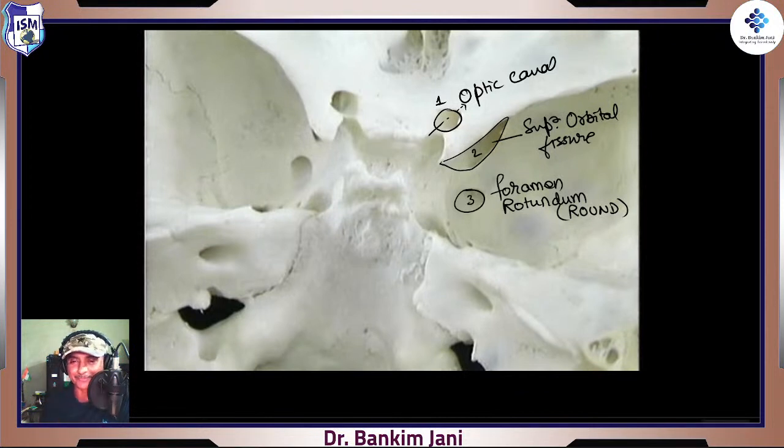Foramen rotundum. Now, foramen rotundum, it will be carrying what? Immediately, cranial nerve number 5 will come, and it is the maxillary part, right? Because mandibular comes quite later, after that.